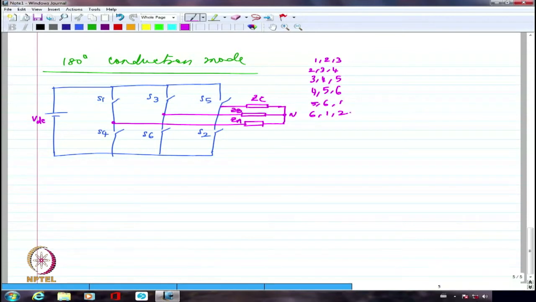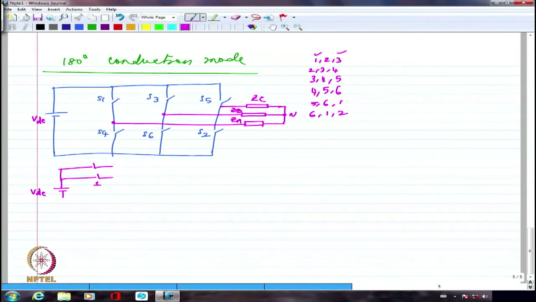So whenever I'm going to have, let us say, for example, 1, 2 and 3, you have to imagine something similar to what we did in commutation overlap. So 1 and 3 both are on the positive side, whereas 2 is on the negative side. So I will have it as though this is my VDC, what I am applying, and this is 1 and this is 3.